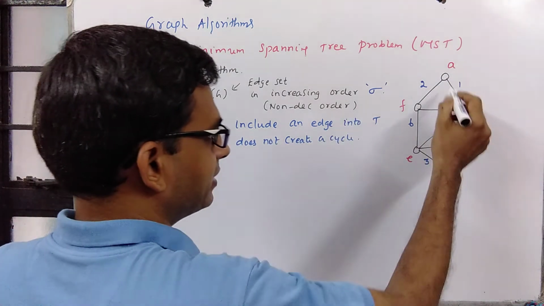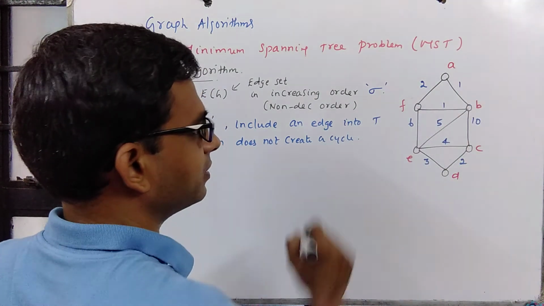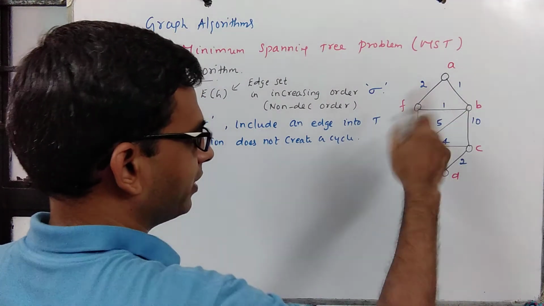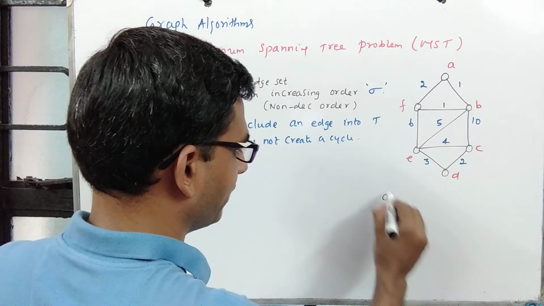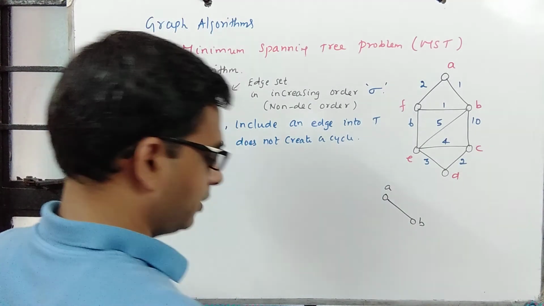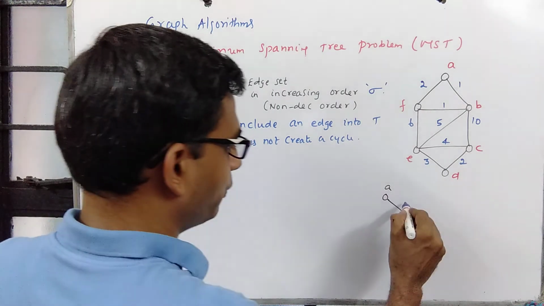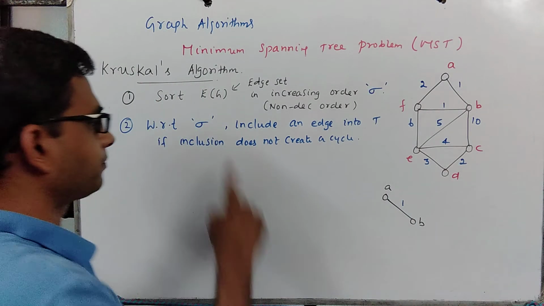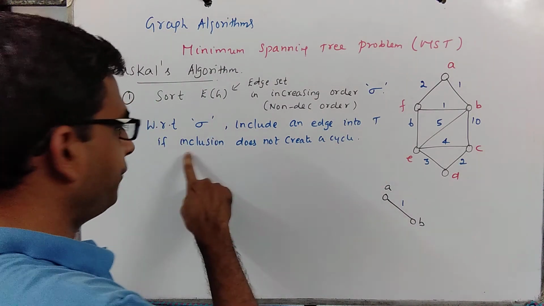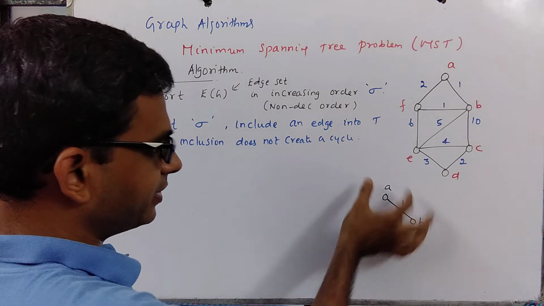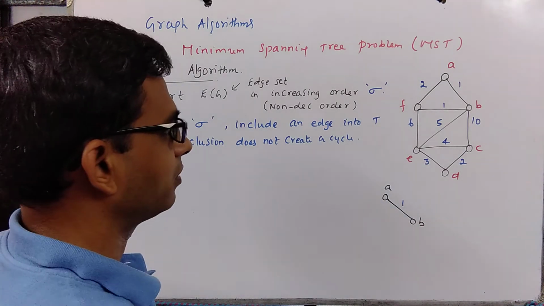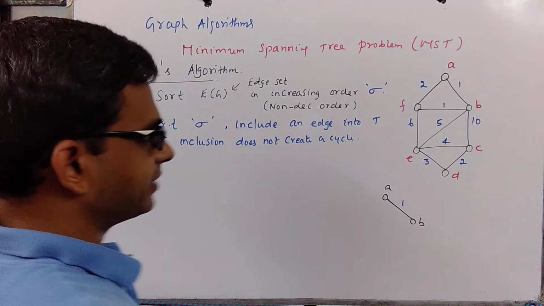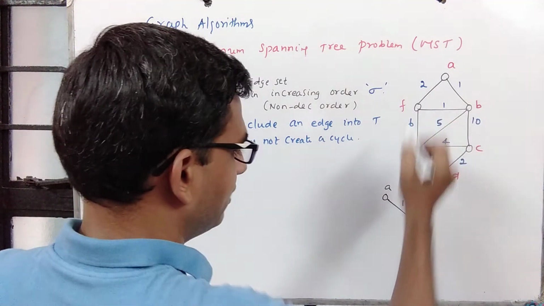So which means we consider the least weight edge, which is AB or BF. We can consider anything. So let us include say AB. So what it says is you include AB if inclusion does not create a cycle. Initially T is empty, so if you include this, there is no cycle at all. Then consider the next edge, which is 1.